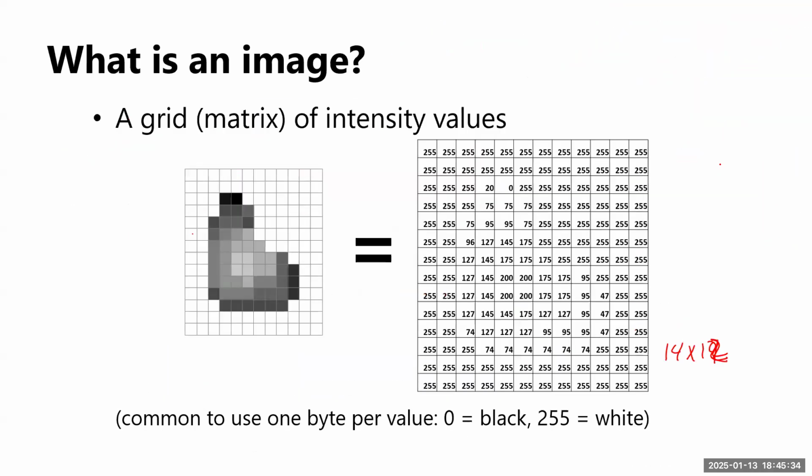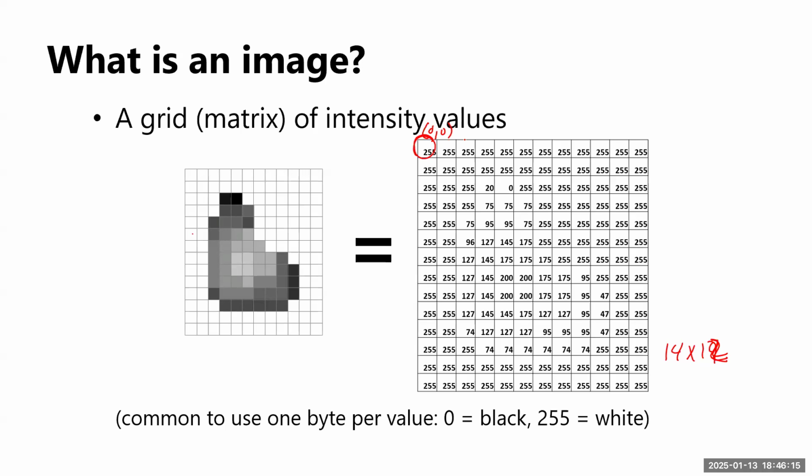He said, what if I assume that this is the origin? If this is a matrix, the coordinate of this point will be 0 and 0, right? Then 0 and 1, 0 and 2, 0 and 3, 0 and 4, right? Those are the names of the elements in the 2D matrix. This is similar to coordinates in 2D space, right?